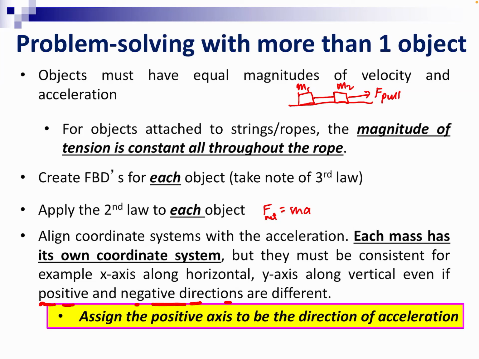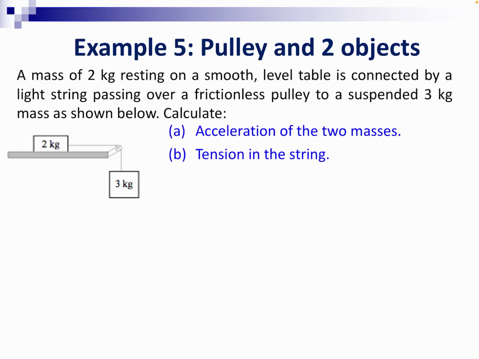Okay, so let's look at an example, and this is similar to the question in the workshop. You have these two objects, 2 kilogram and 3 kilogram masses. They're connected by a string and they're attached through a pulley, which is frictionless.